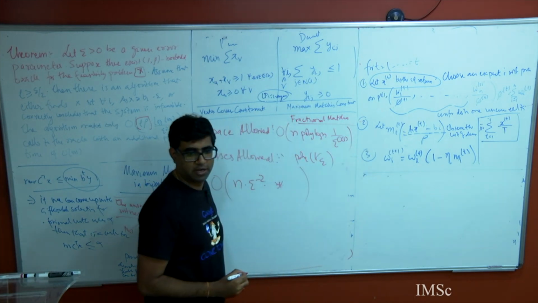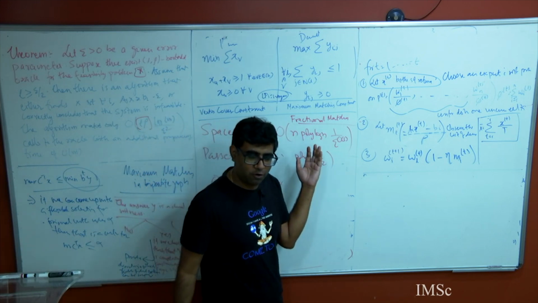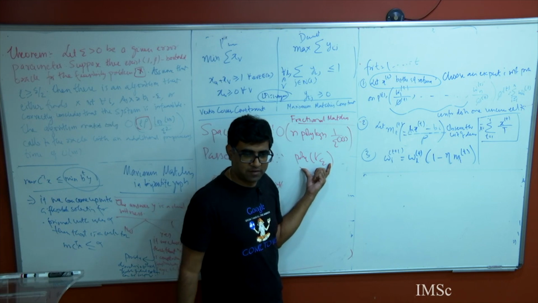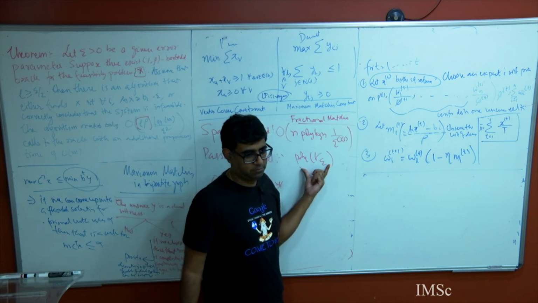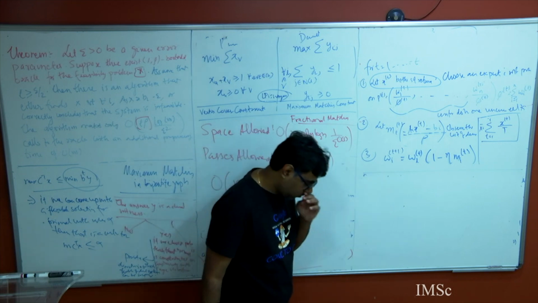This is what you are allowed to use, right? Now you cannot store the whole of them, and I still want to take just poly 1 over epsilon space. Now the question becomes very difficult, right?